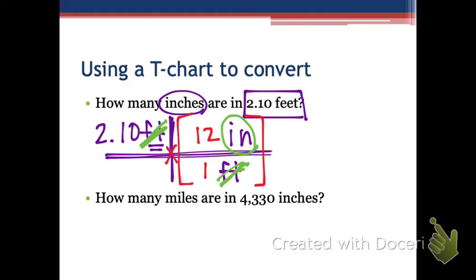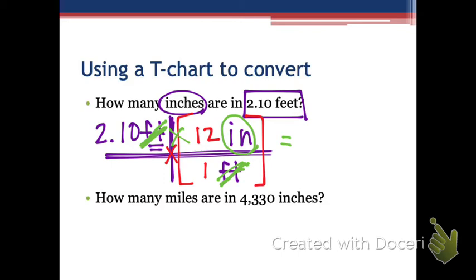Okay, now the final step of your T-chart is to multiply everything on the top and divide it by everything on the bottom. Okay, you'll hear me say it a lot. I say multiply across the whole top, divide by the whole bottom. So multiplying across the top means I would take 2.10 times 12. So let's go ahead and do that. If you have your calculator, get that out and do that. 2.10 times 12.